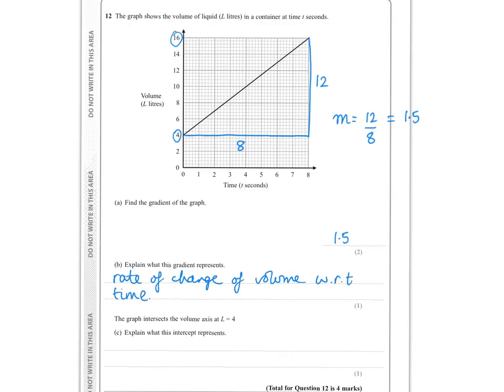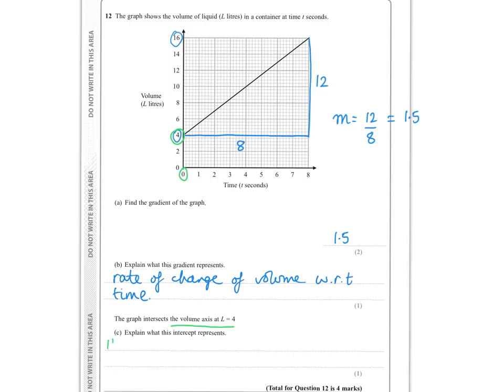time. And it now says that the graph intersects the volume axis at L equals 4 here when t is 0. That's important. Explain what this intercept represents. Well, to me, it tells you the volume or the amount of liquid in the container at the start.